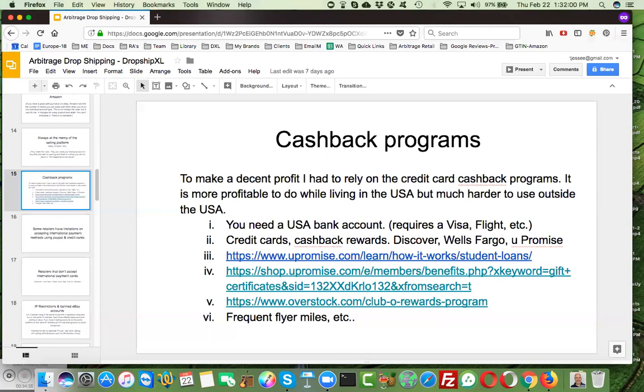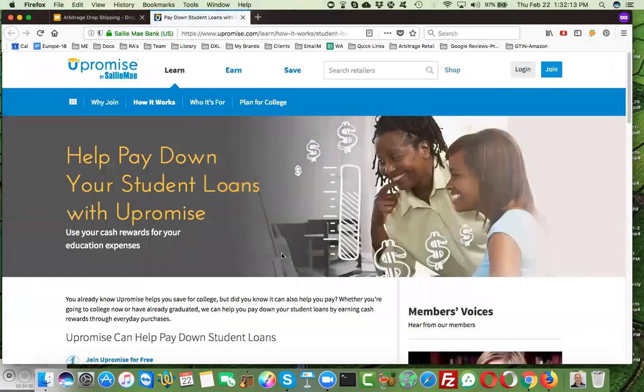As you can see in section number 3, you have this site called uPromise. uPromise is a very good site. For people that are students, you can buy many things there and get cashback, and they will deposit it into your student loans account.